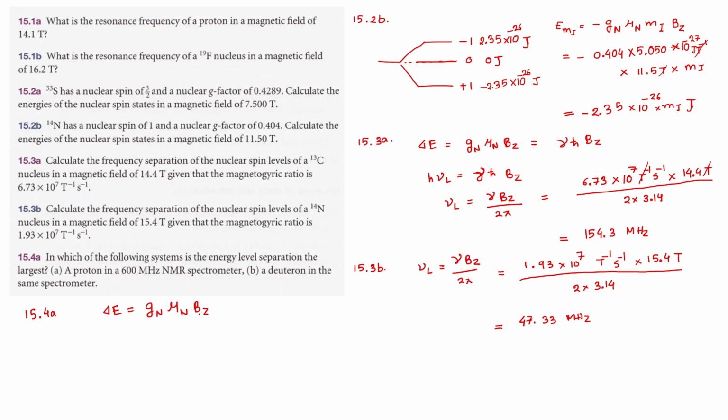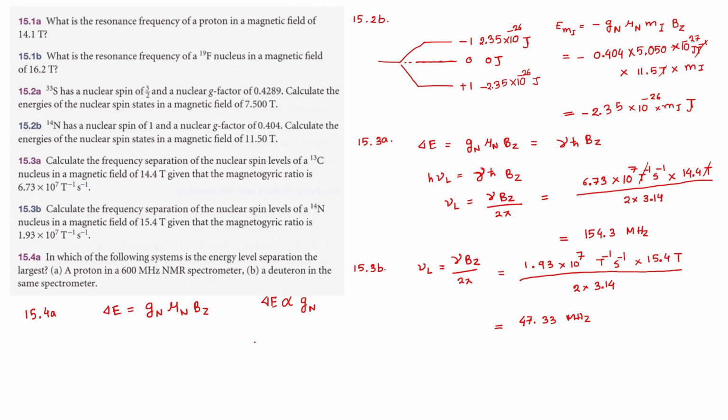If you are using the same 600 megahertz spectrometer, then your Bz, the magnetic field, is also the same, right? We can think like that. So in that case, your delta E varies as your nuclear G factor. But the nuclear G factor of a proton and a deuterium is different.